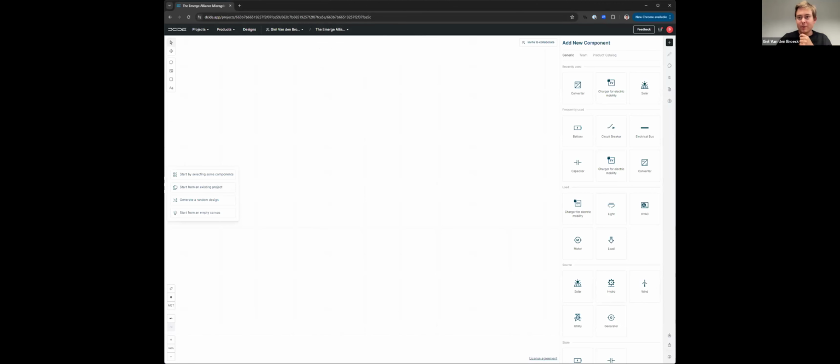The first step typically is listing what you're about to build in there. What's the list of assets? What are the loads that you need to power? Are there certain lights? EV charging we already mentioned. Are there certain critical loads?